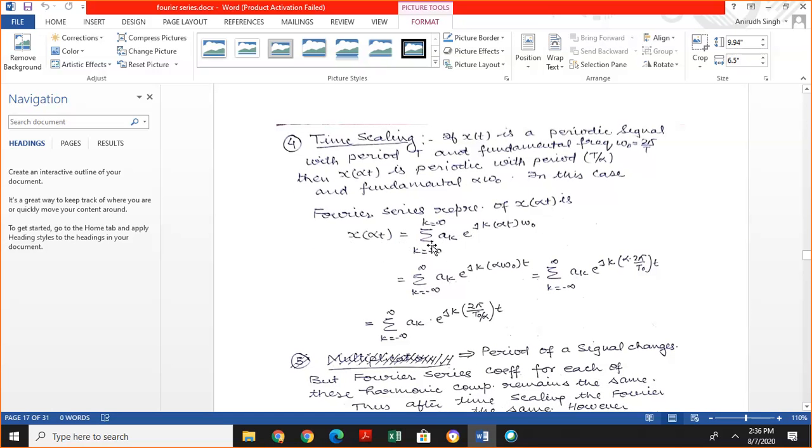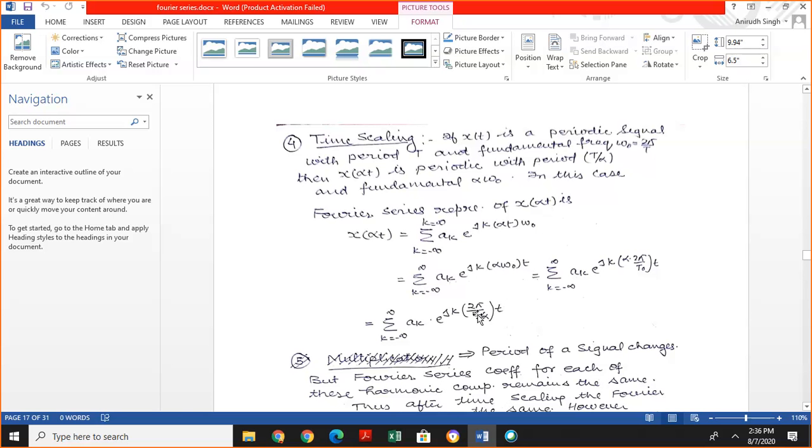Substitute the value into the inverse Fourier series, where x of t is given by a_k exponential j k omega t. Similarly, x of alpha t is given by a_k exponential j k alpha omega t, and we can write this as alpha omega into t.